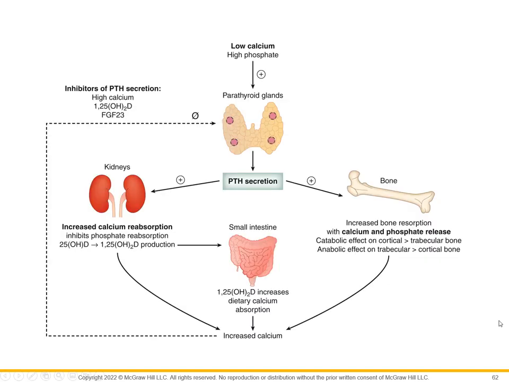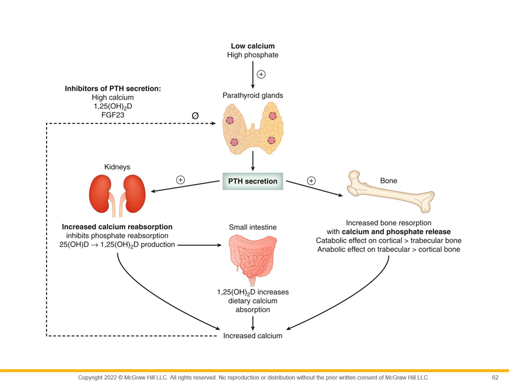If we look here, this is kind of a flow chart that shows the effects of PTH. We have a low calcium level, maybe a high phosphate level, and we begin to release PTH and secrete it from our parathyroid glands. One thing it does is go to the kidney, where it acts to increase calcium reabsorption, but also activates the production of vitamin D, or calcitriol.